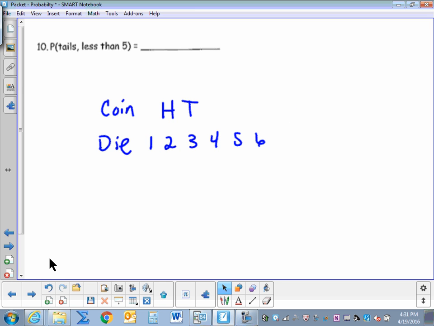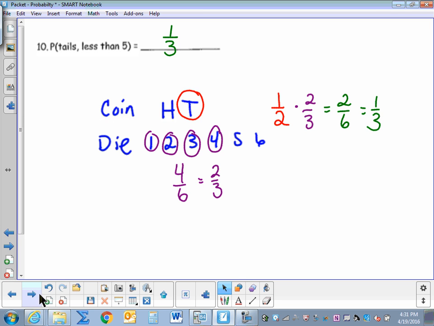Number 10, what's the probability of flipping a coin and getting a tails, and then rolling a die and getting a number less than 5? That's 1 to 3.